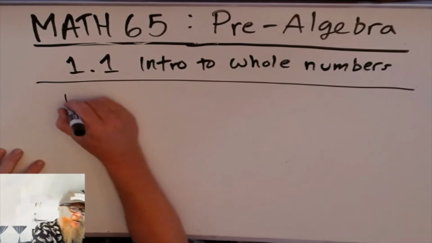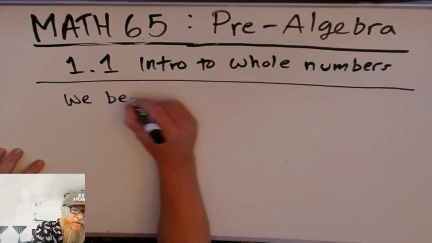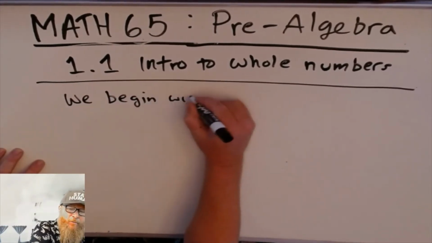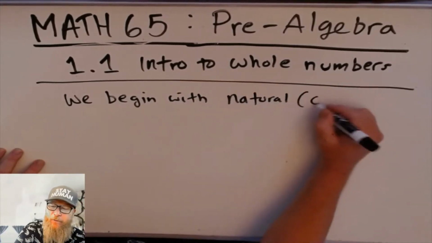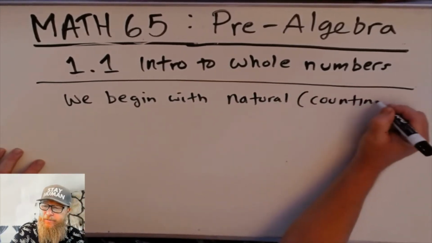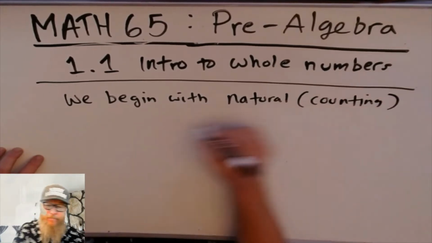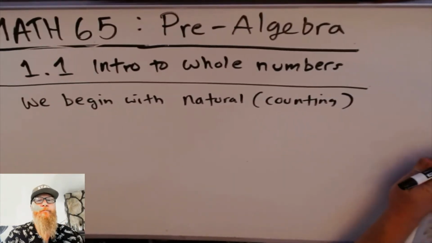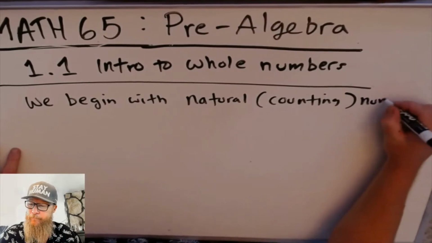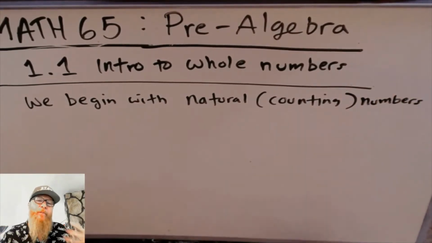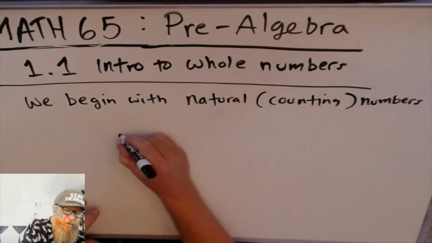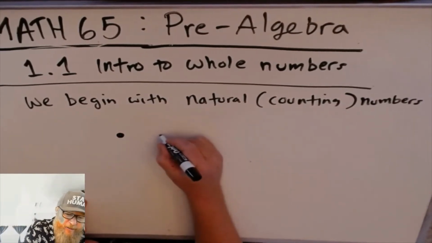Okay, we actually start with what are called natural numbers, also known as counting numbers. These would be the numbers that your ancestors would have known, 10, 20,000 years ago.